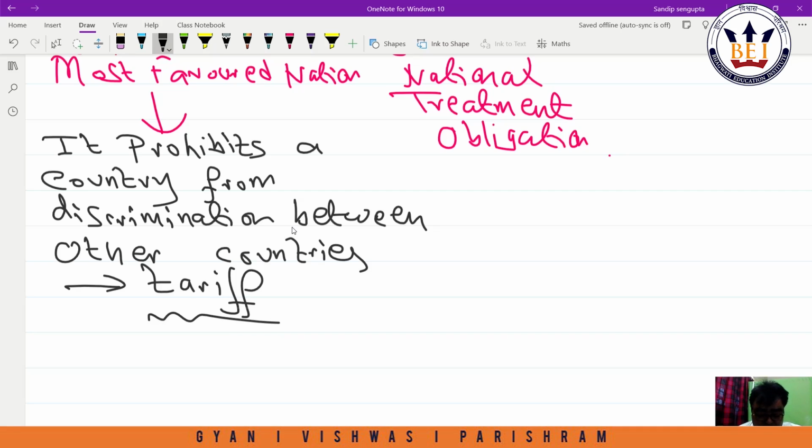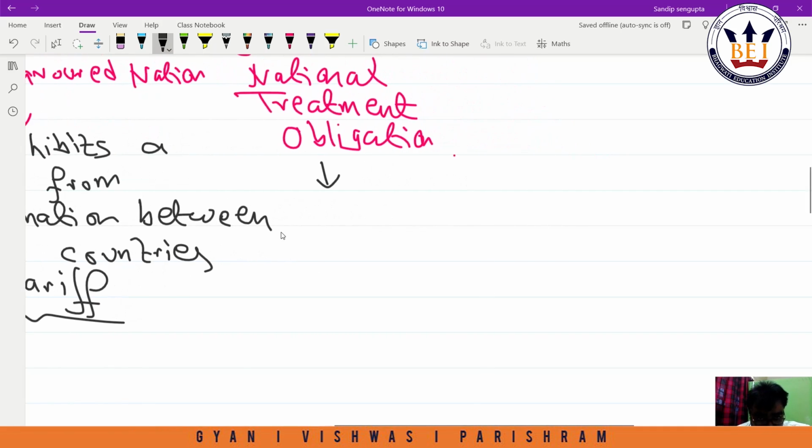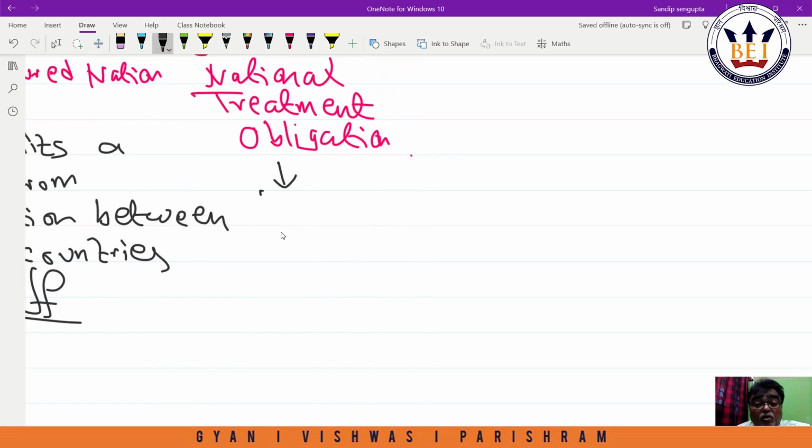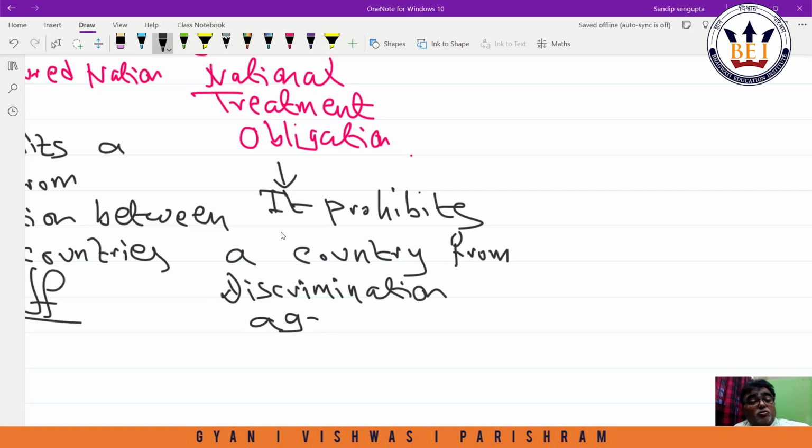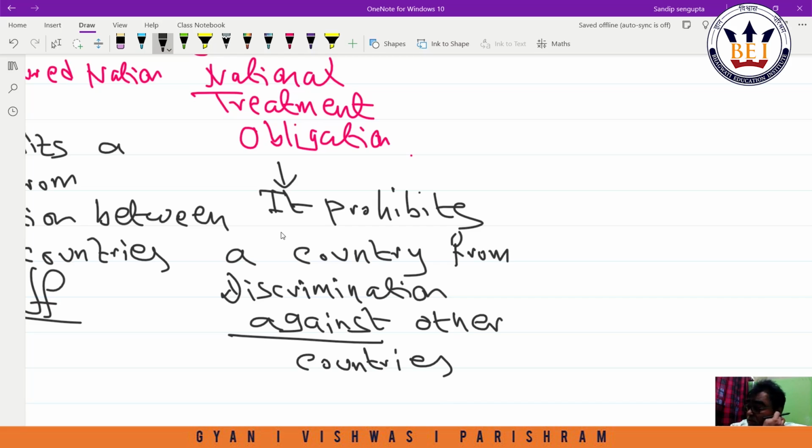In the same way, NTO prohibits a country from discrimination against other countries. The difference is that it is against other countries.